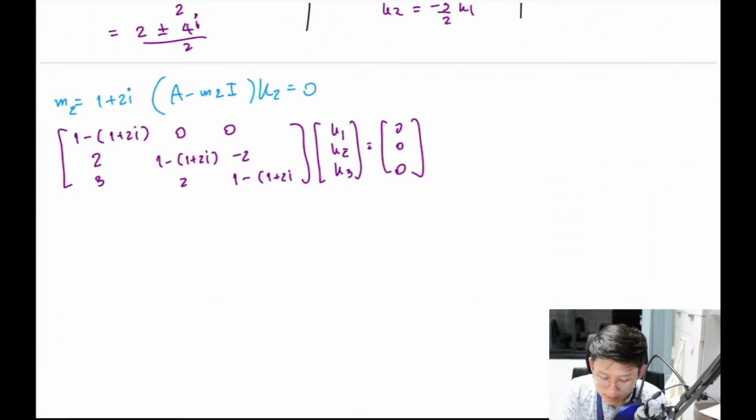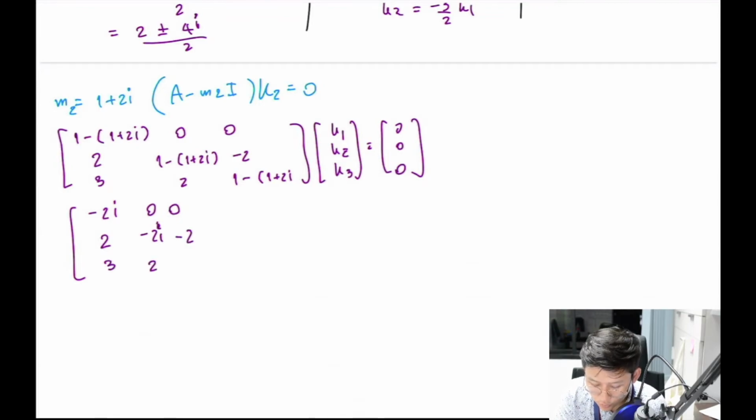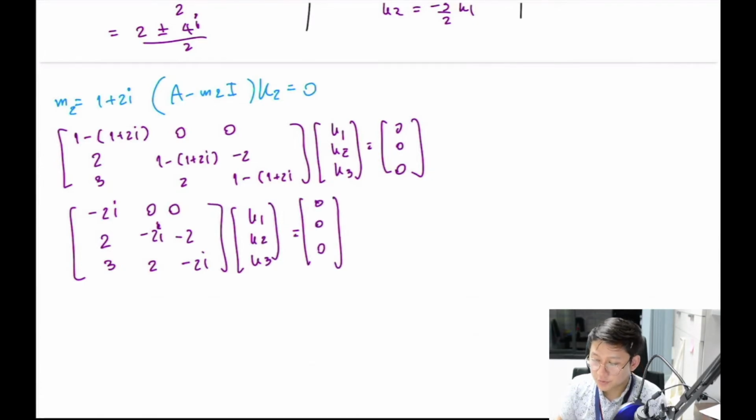Okay, after that here it would be minus 2i, 0, 0, then 2, minus 2i, minus 2, and 3, 2, and minus 2i, and then k1, k2, k3 equals 0, 0, and 0.